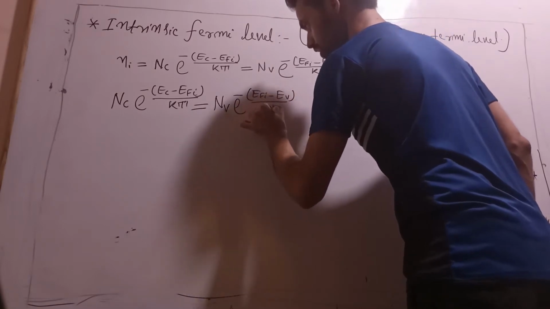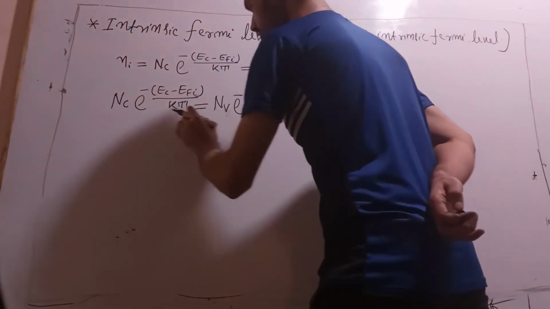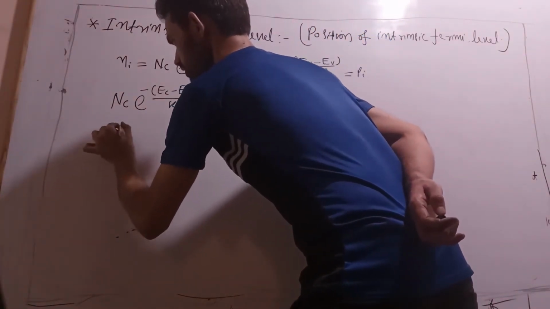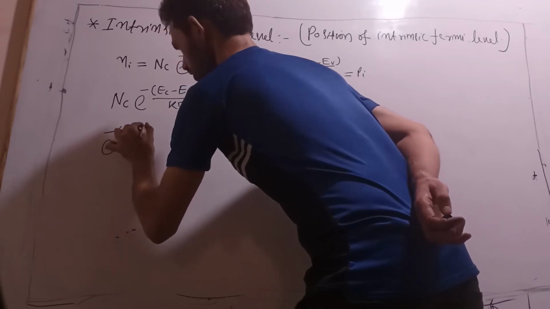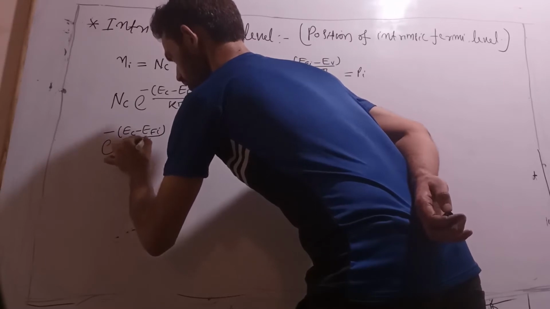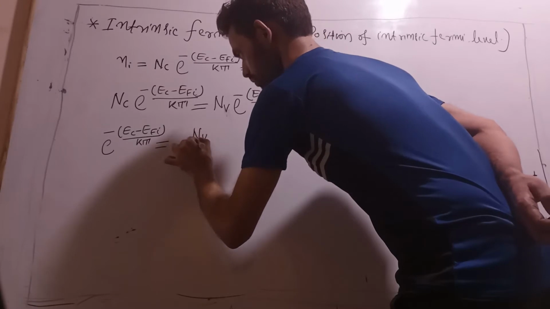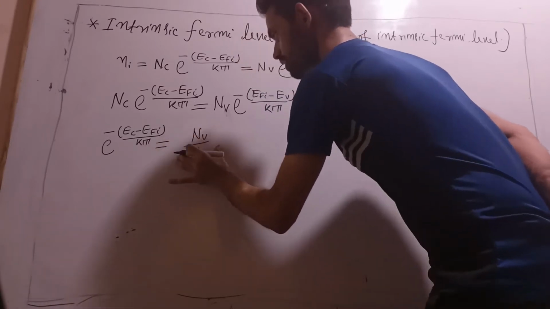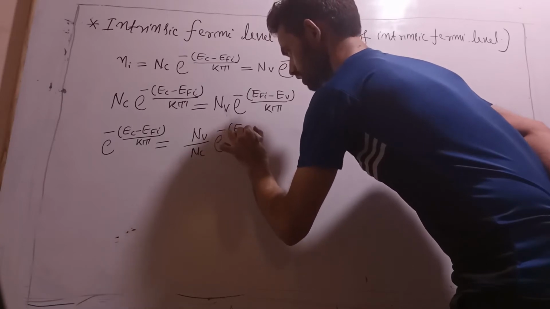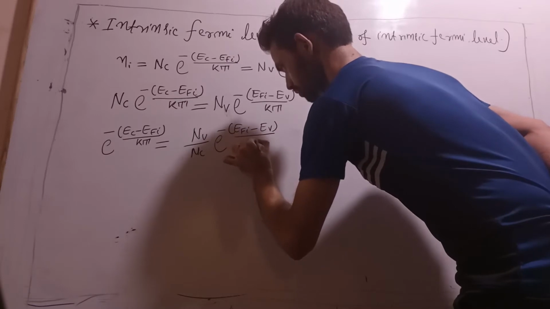Now we are equating these. We will get e to the power minus (Ec minus EFI) by kT is equal to Nv by Nc times e to the power minus (EFI minus Ev) by kT.